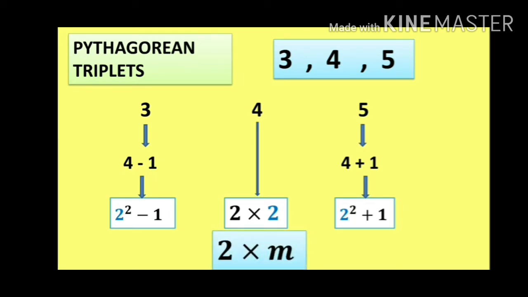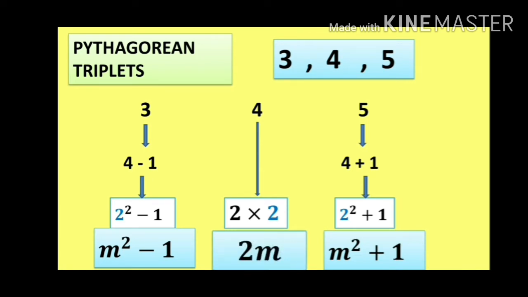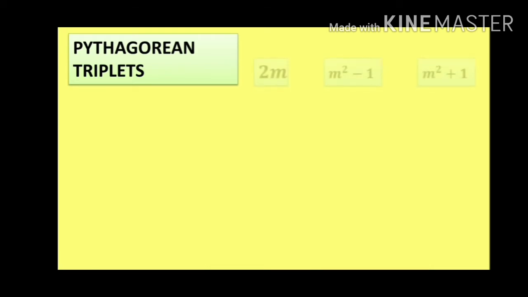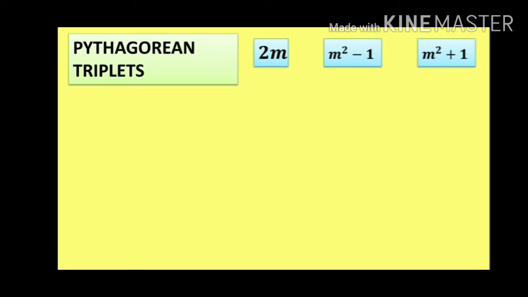If I put it as m, then 2 squared minus 1 becomes m squared minus 1 and 2 squared plus 1 becomes m squared plus 1. So m squared minus 1, 2m, m squared plus 1. This is the criteria or the condition for Pythagorean triplets. So a Pythagorean triplet can be of the form 2m, m squared minus 1 and m squared plus 1.